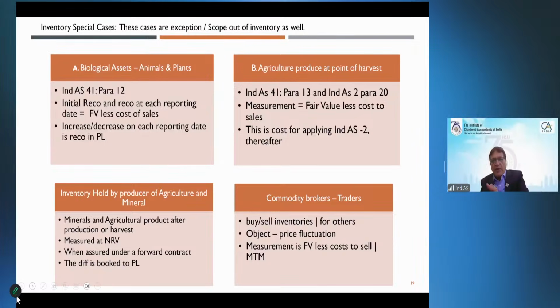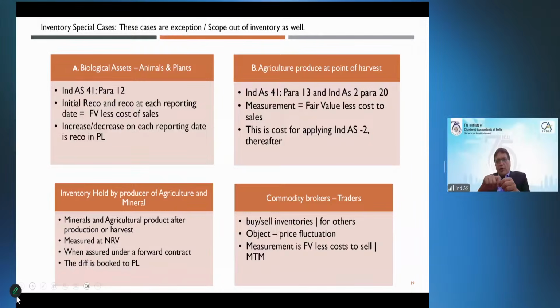Now, why I'm telling this is in the next paragraph. Say, suppose you have sown seeds and there is a crop grown on or before 31st March. Now, at a particular point of time, you'll harvest that crop.